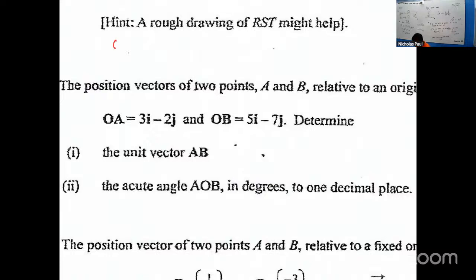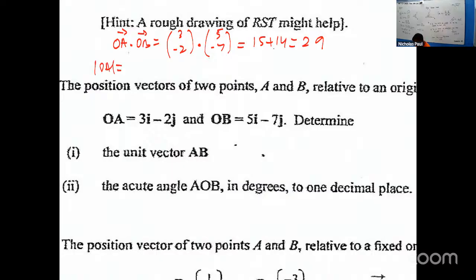Right, so OA dot OB, that'll be 3 minus 2 multiplied by 5 minus 7. That's 15 plus 14, which is 29. Look at that. Magnitude of OA is the square root of 9 plus 4, so 13.